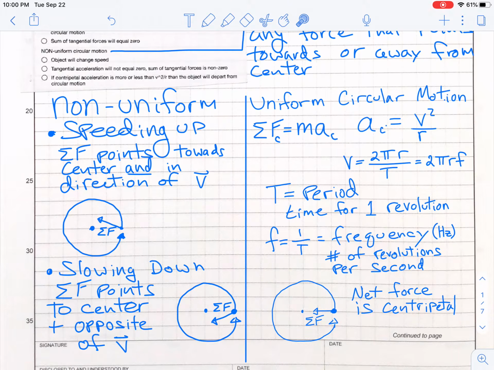That means some of this net force is pointed towards the center and some of it is directed tangentially forwards, in the direction of my velocity. If I'm slowing down, the opposite is true, and my net force would point towards the center but slightly behind center compared to the direction that I'm moving.